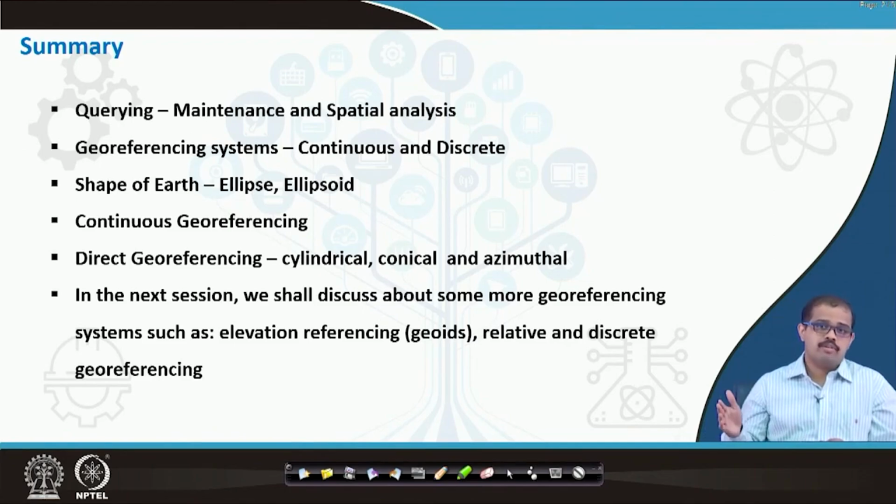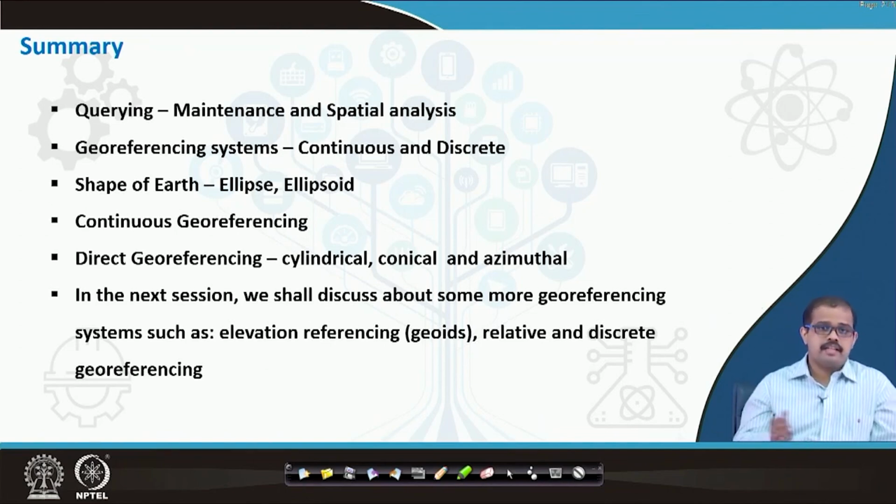Discrete has its own representation, for example a postal code or an address. Then we defined the shape of the earth. The shape of the earth is nothing but a spheroid, and it's not a sphere as we would think all the time. Then we have two types of georeferencing. The continuous georeferencing we looked at. Then discrete georeferencing, we looked at the projections: the cylindrical, the conical, and azimuthal projections.